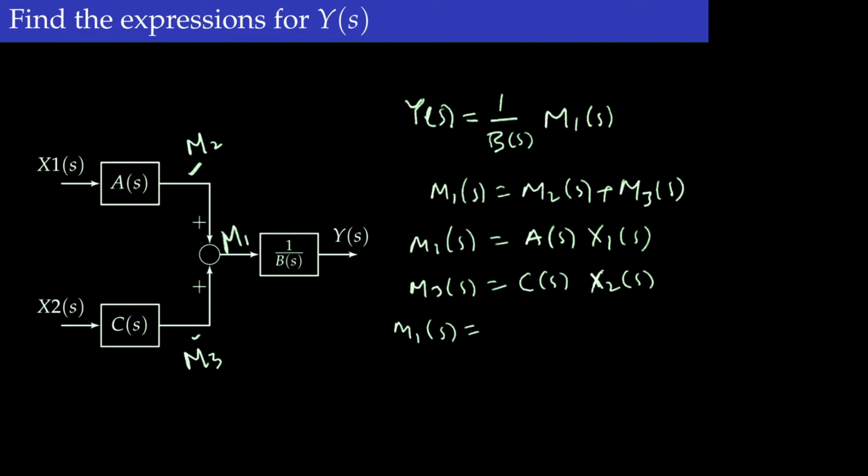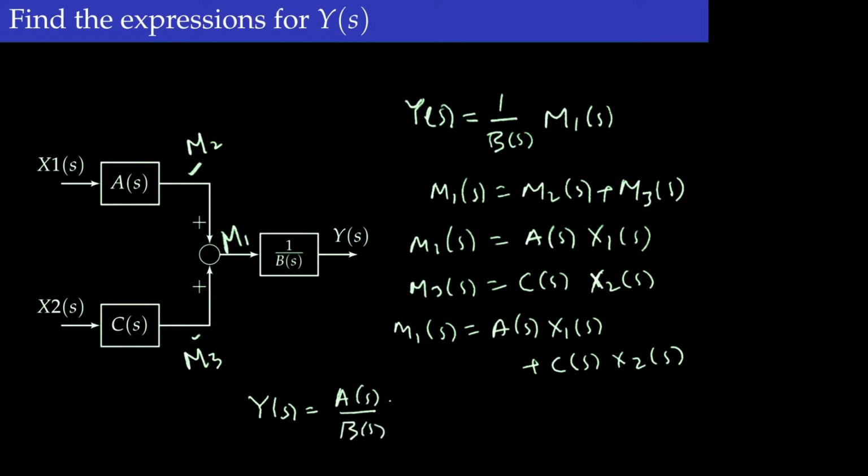Now we get M1(s) as M2(s) plus M3(s), meaning A(s) X1(s) plus C(s) X2(s). Now plug in this expression over here, and finally I can write Y(s) will be, with B(s) in the denominator, A(s) over B(s) X1(s) plus C(s) over B(s) X2(s).